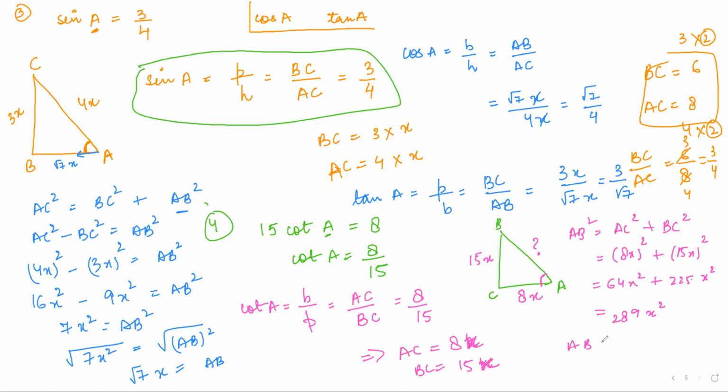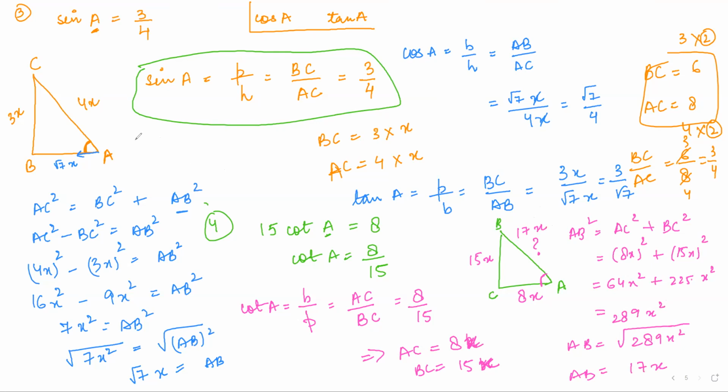So AB becomes square root of 289x square. Now 289 is again a perfect square of 17, and x will come out, so AB is 17x. Understood? Right, Arshia? Yes, ma'am.